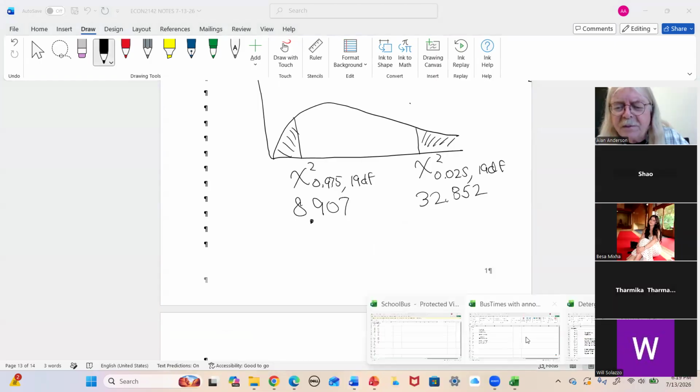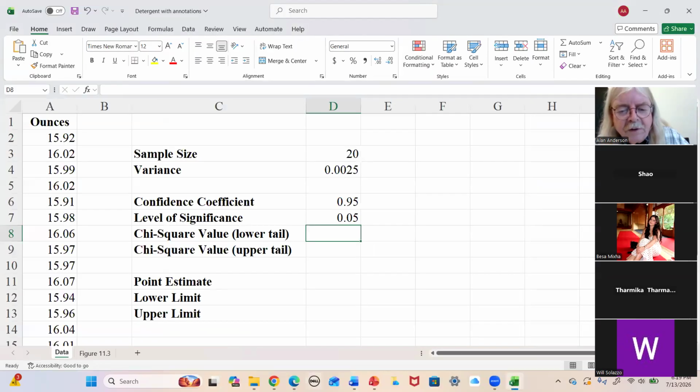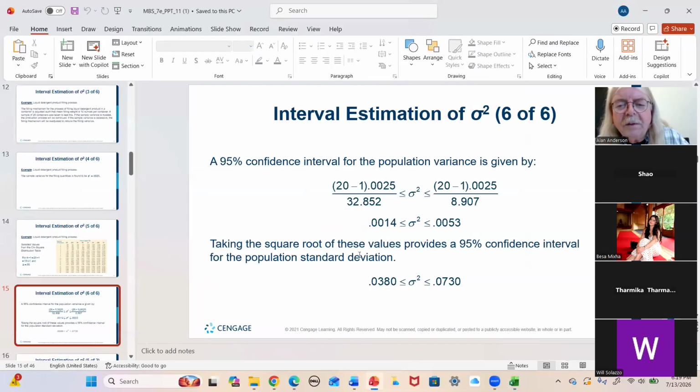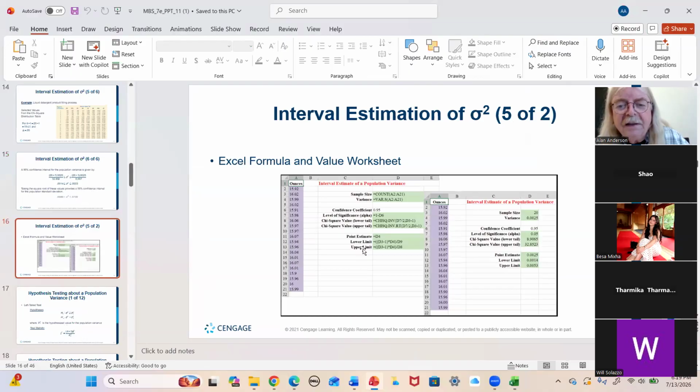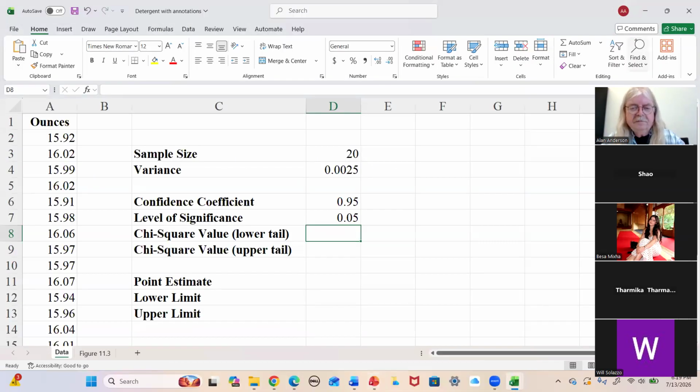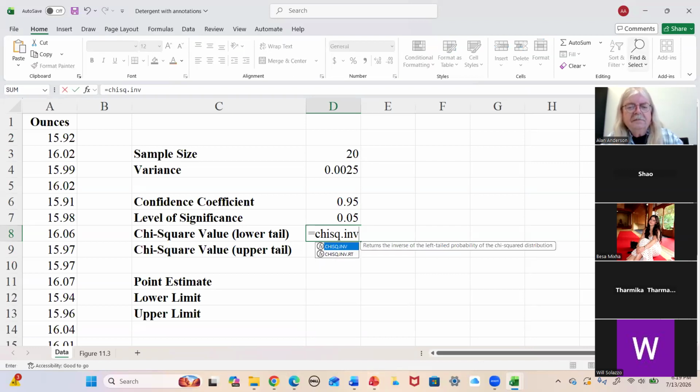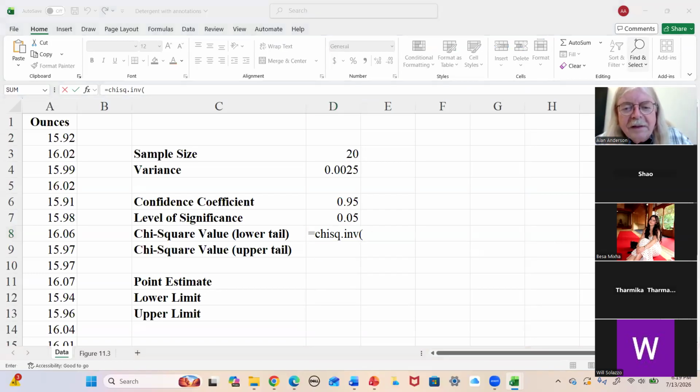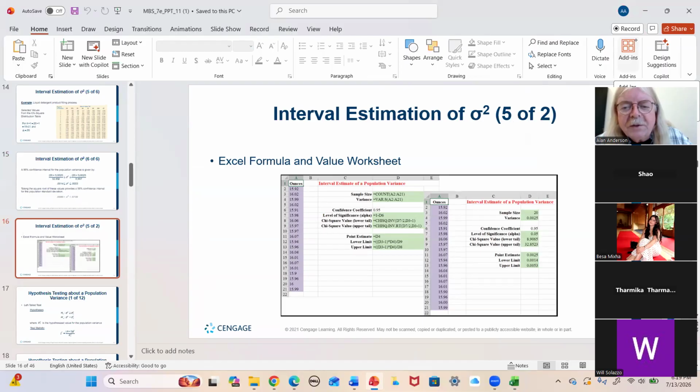It's not something you use on a regular basis. The chi-square is a very specialized distribution, so you can find what you need in the slides. They very helpfully, although the picture is really small, I must say, show that you type chi-square dot inv. The probability, when they say probability, they mean alpha over 2.